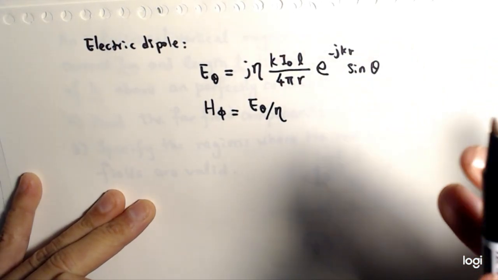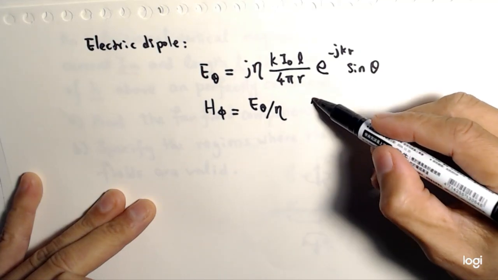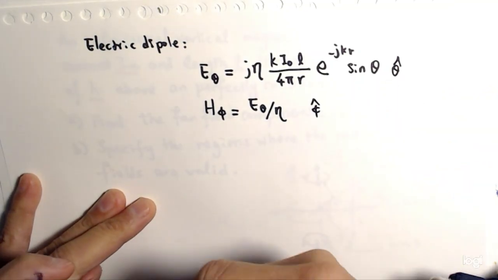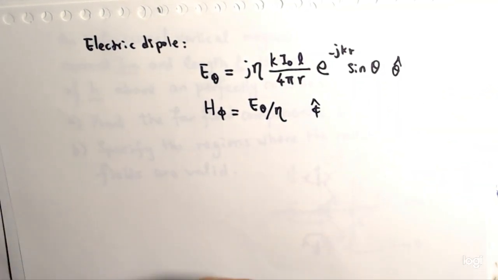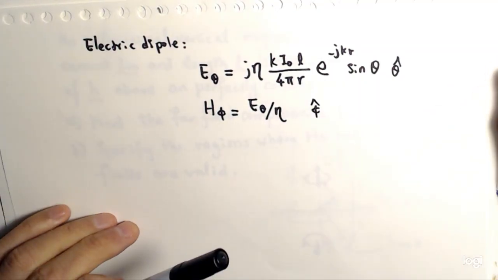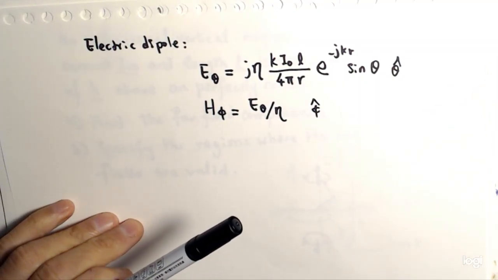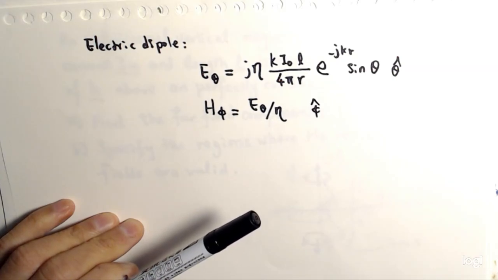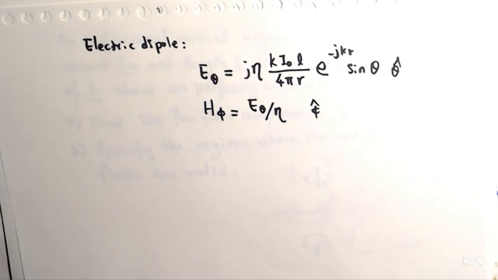So we need to use the principle of duality to work out the electric field and magnetic field in the far zone.